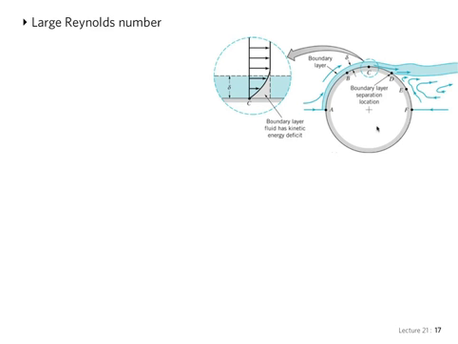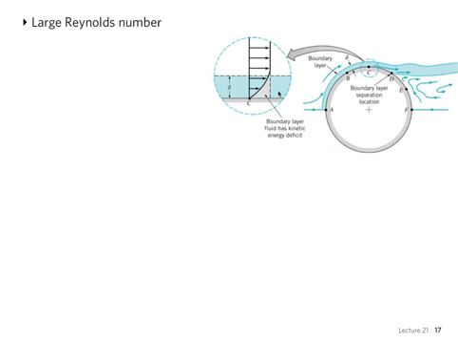And so as it continues around the cylinder, it loses energy due to friction, and it's going to run out of kinetic energy, if you will, and be unable to reach the point F, and will not have enough energy to complete the turn and separate at some point, forming the wake.